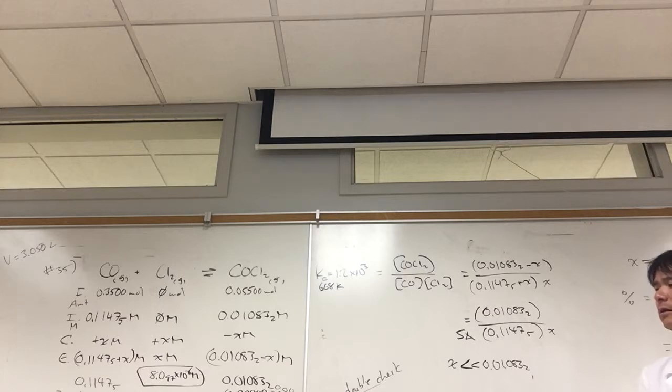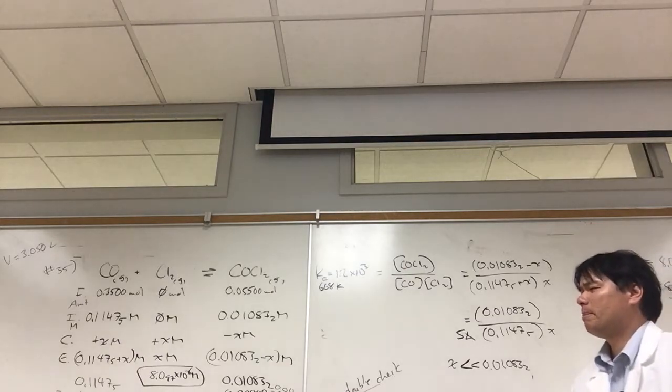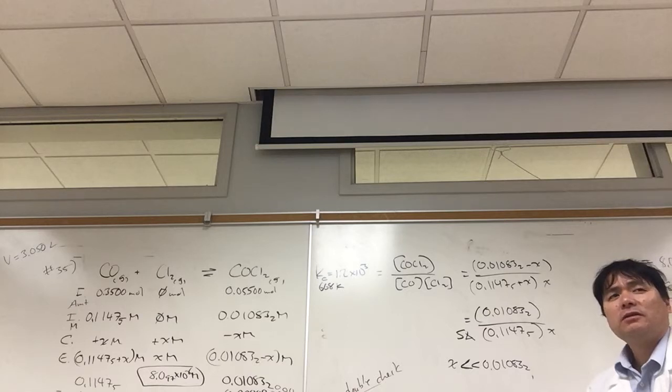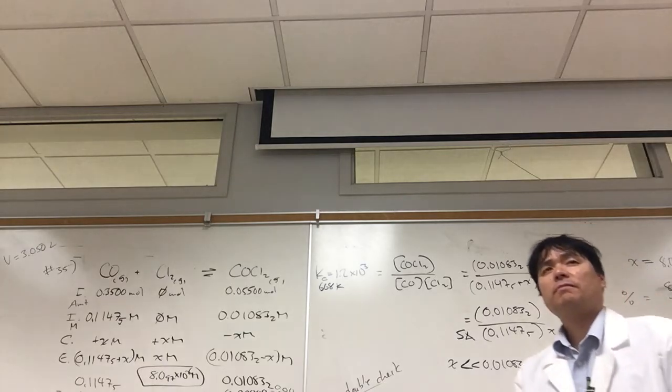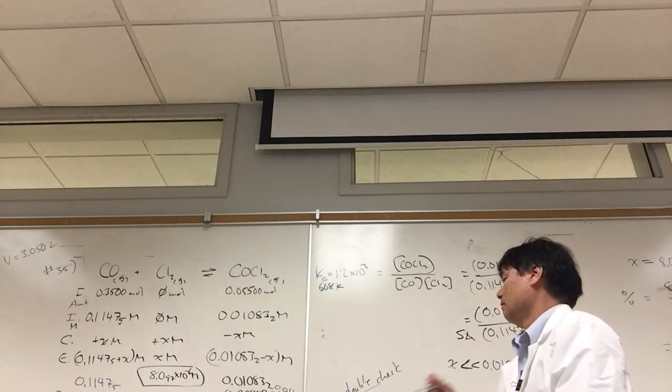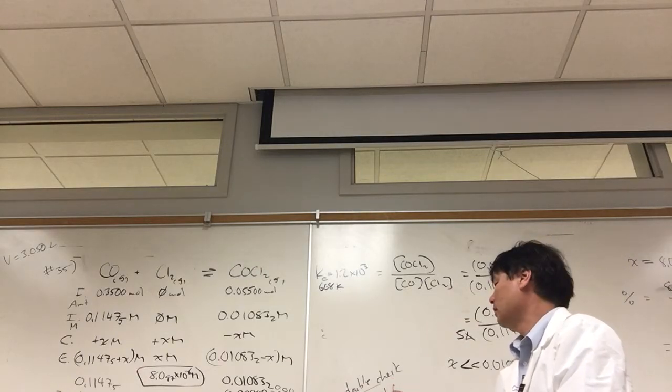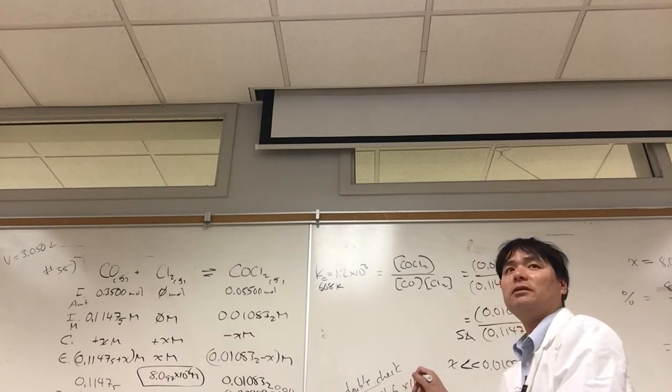Divide 0.1147508097. What does it come out to? What did you get? 1.6 times 10 to the third? No, 11.6. 11.6 times 10 to the third?